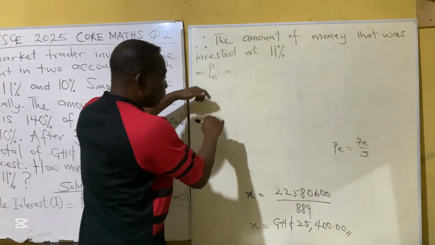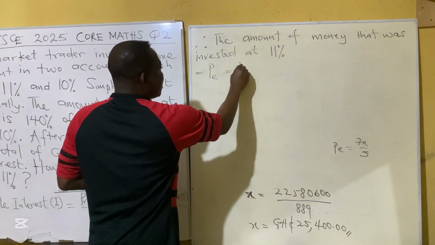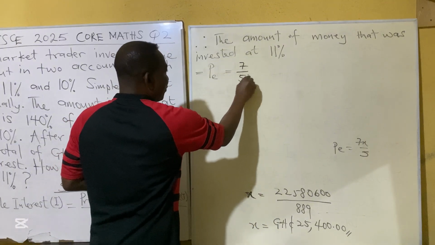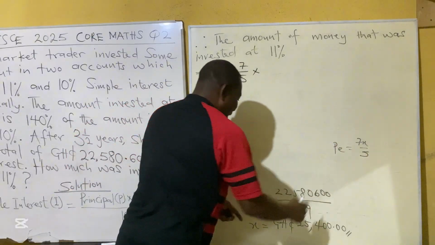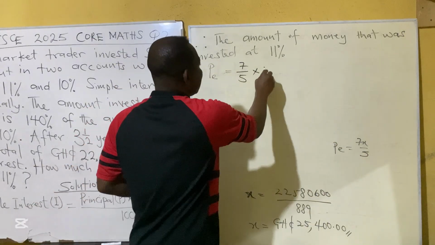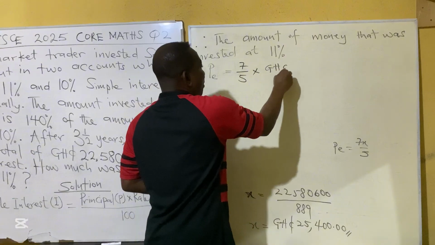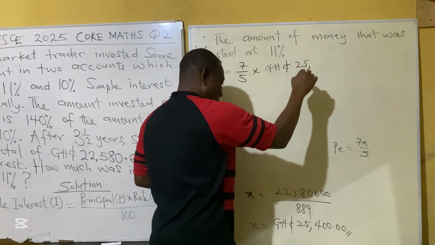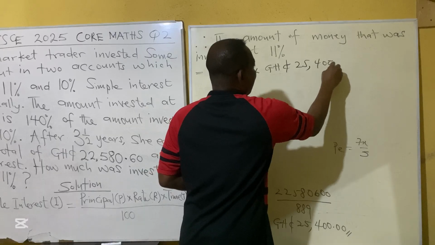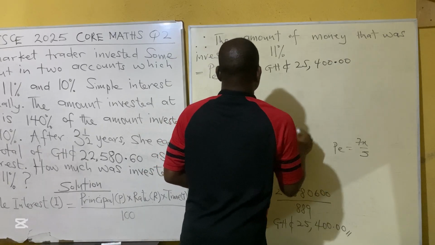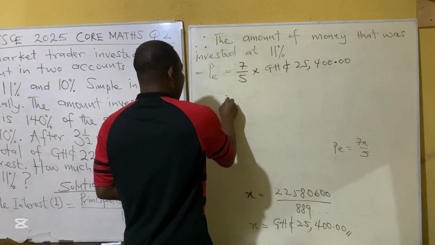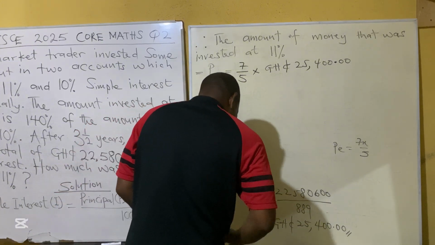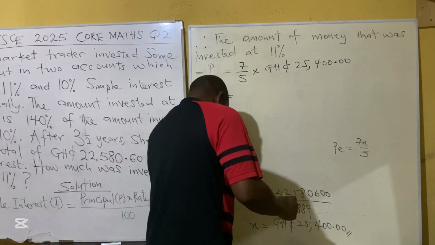So PE is equal to 7 over 5 times x, and the x is what we have just calculated, which is 25,400 Ghana cedis. Let's multiply the numerators.